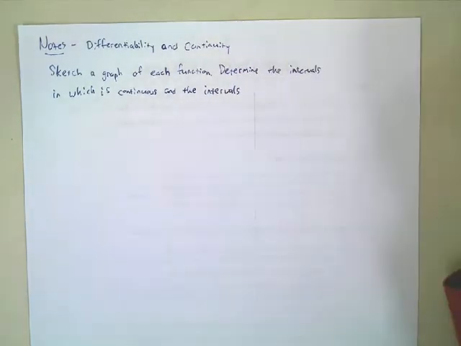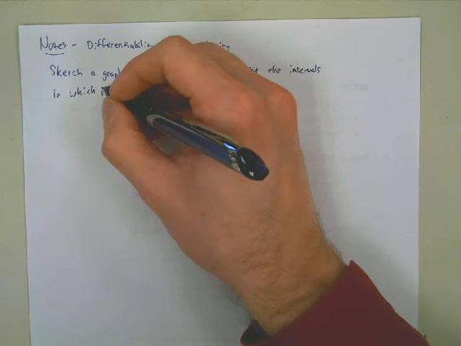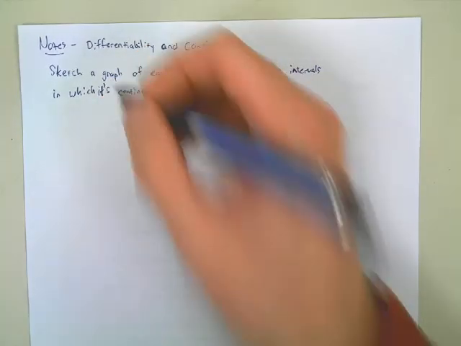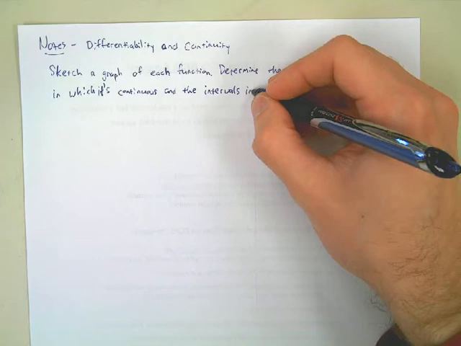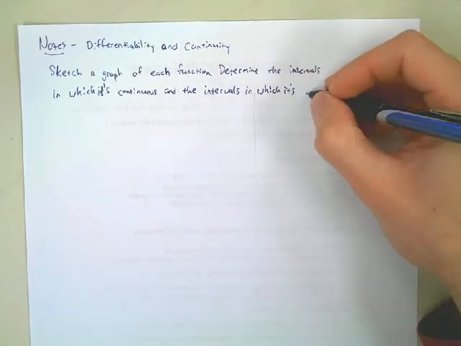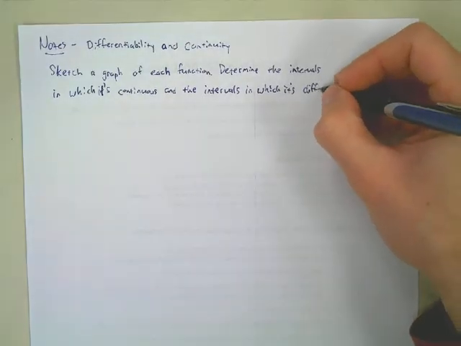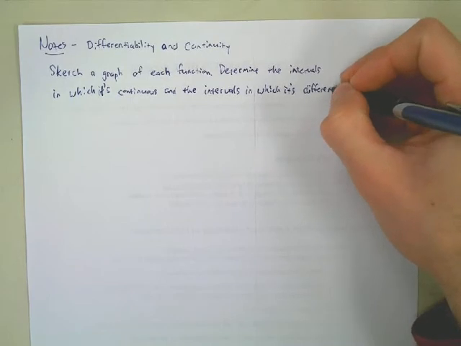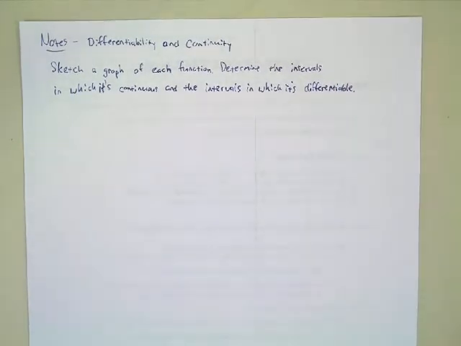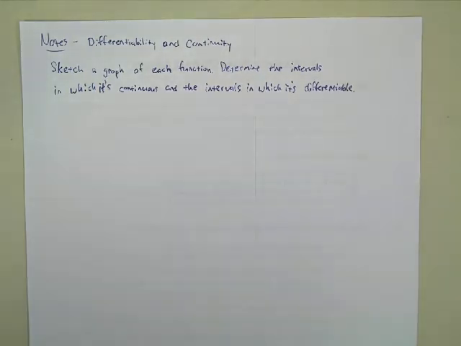That's what happens when I talk and write, I miss words. So sketch the graph of each function, determine the intervals in which it's continuous and the intervals in which it is differentiable.